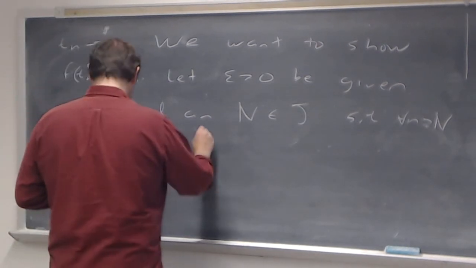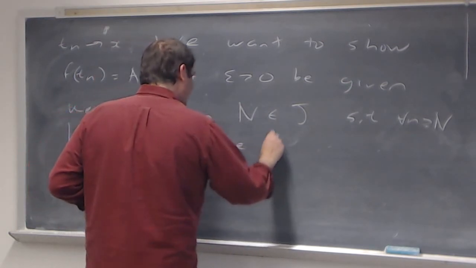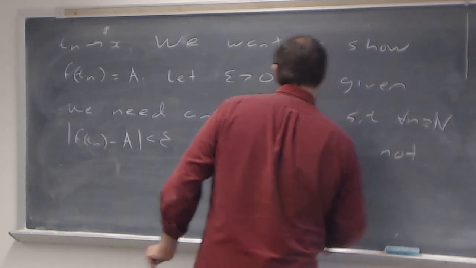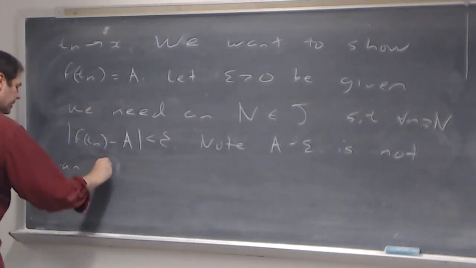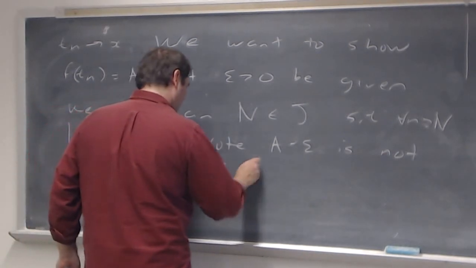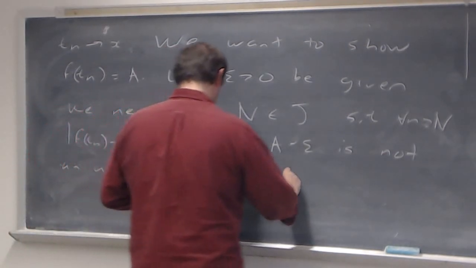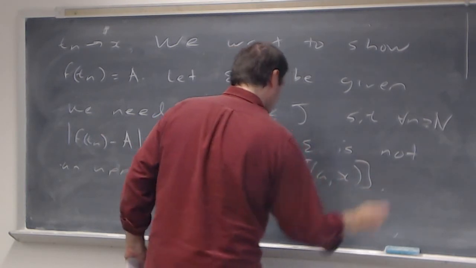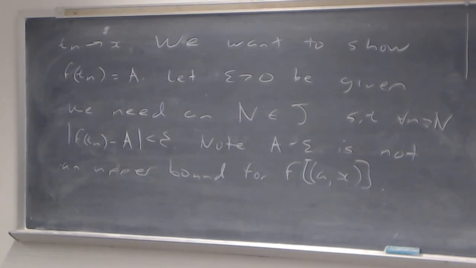Well, here's the first thing you should note. A minus epsilon is not an upper bound for f of a to x. That's because A is the supremum, so you go a little bit lower than that. That's not an upper bound.